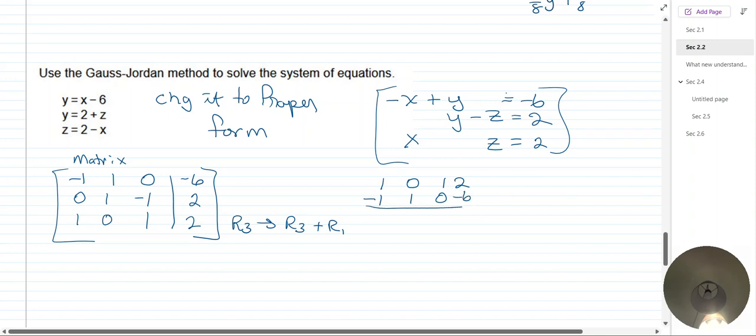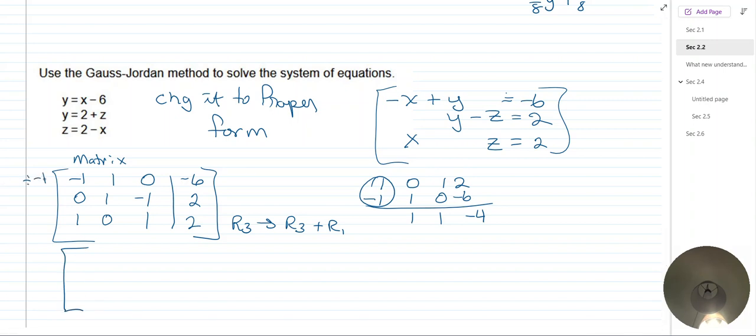Sorry about that. So that's going to zero out. I've got 1, 1, -4. All right. So now I'm going to divide by -1 on this guy. So I'm going to have 1, -1, 0, and 6. Row 1, -1, and 2. 0, 1, 1, and -4.